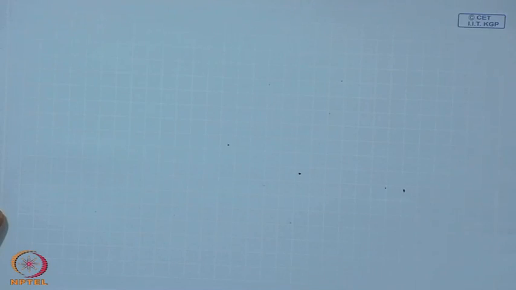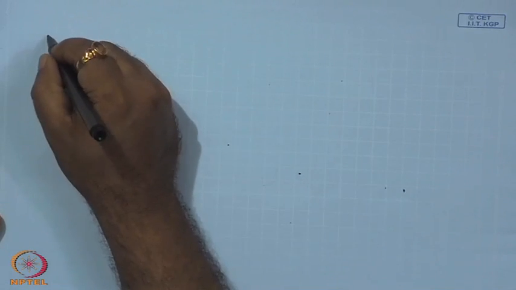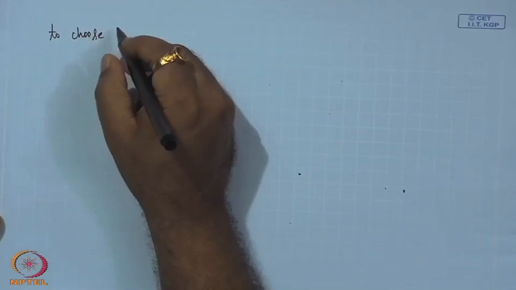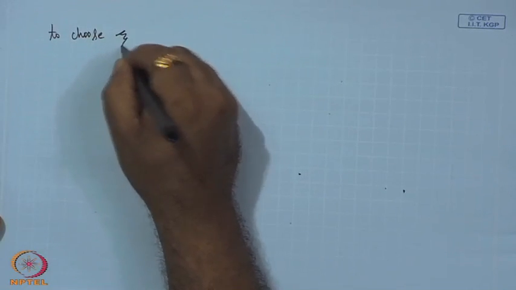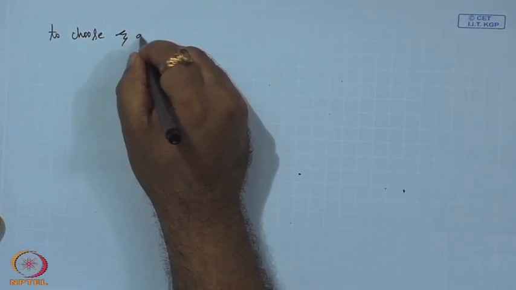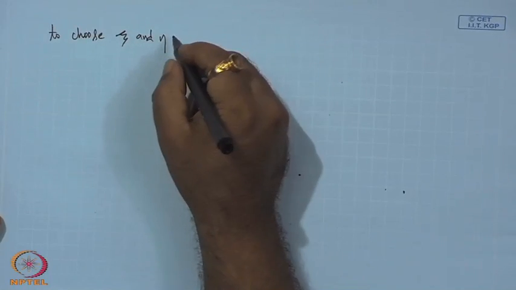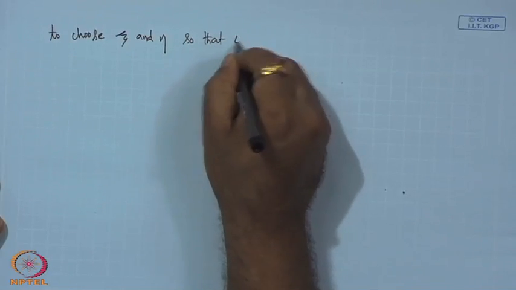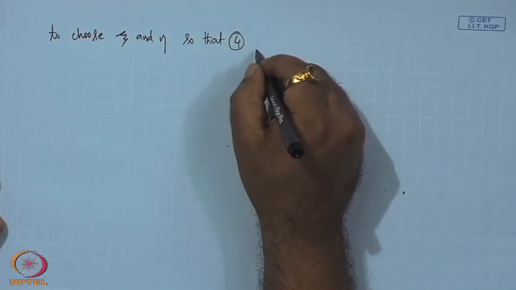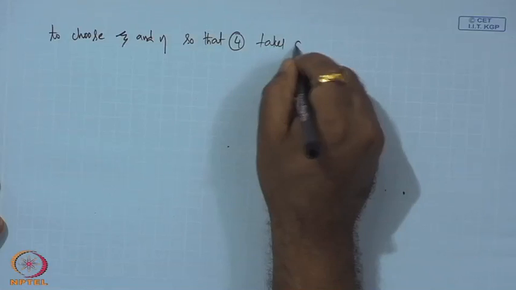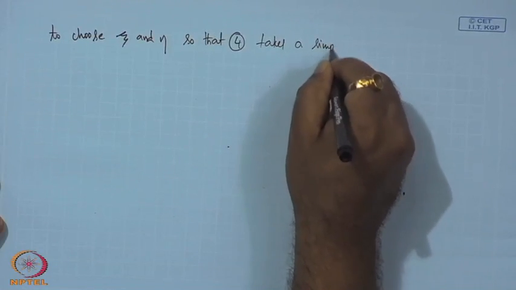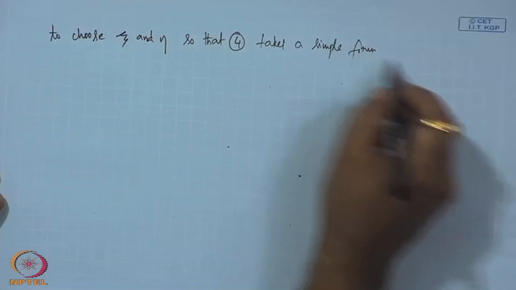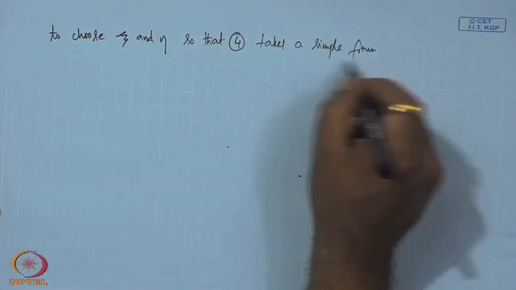What was our aim? To choose zeta and eta so that 4 takes a simple form.